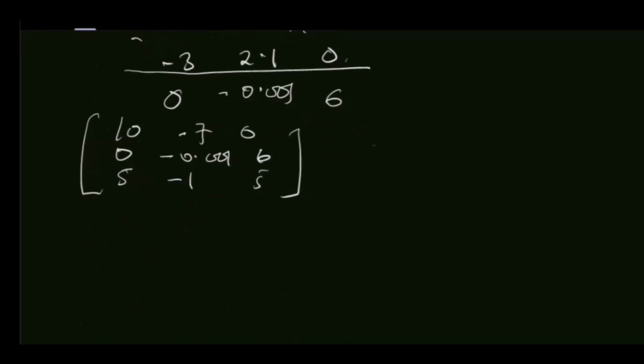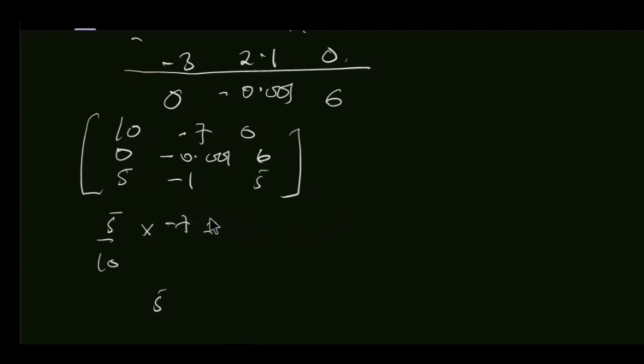At this point, I go for my second elimination. My multiplier is 5 over 10. I'll multiply this by my first row entry, so my 10, and this one will cancel, so I'll get 5. Then I bring in my negative 7. So negative 0.5 by negative 7, and that is going to give me 3.5.